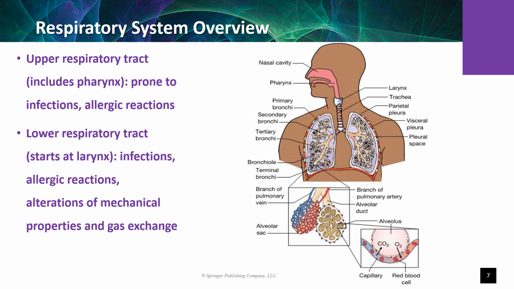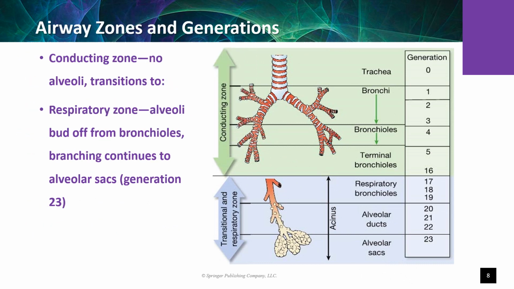Each level of branching, or generation, is smaller in diameter than the previous level, but the total cross-sectional area increases dramatically. Beginning with generation 17, as seen in the image, alveoli are present, budding off from the walls of the respiratory bronchioles and permitting gas exchange.